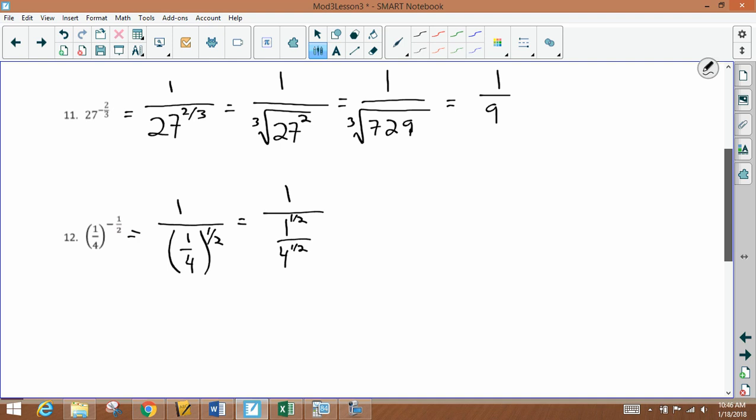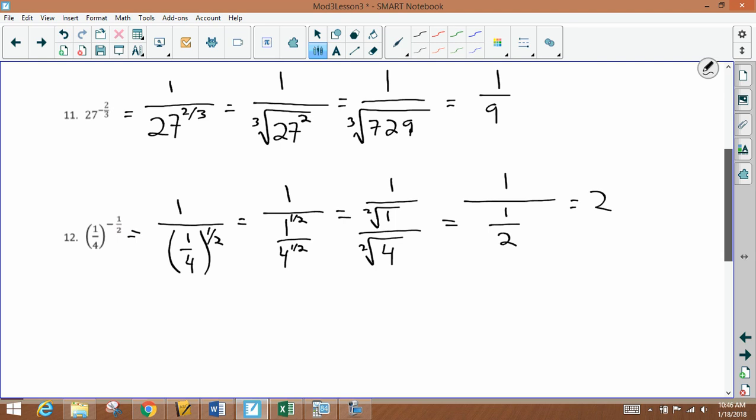Both my numerator and my denominator get raised to the power outside my parentheses. 1 to the 1/2 power is, well, I'm going to rewrite this as the square root of 1 over the square root of 4. Just messing with my denominator right now, okay? All I'm doing is using properties on my denominator. So that's 1 over, the square root of 1 is 1. The square root of 4 is 2. When I flip and multiply, I get just 2.